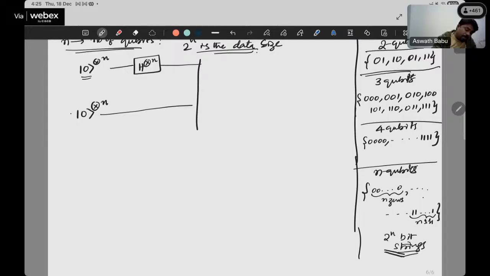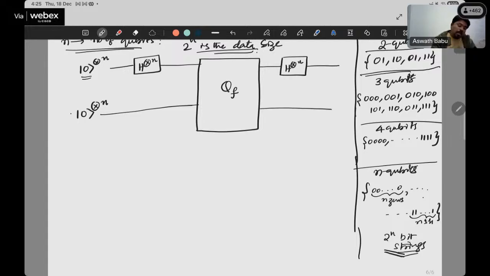Then we'll have a quantum oracle, which helps me to find my function. Let's say somebody uses a function; I can find that function by using an oracle. The query part again goes through n Hadamard gates, and the ancilla goes as it is.